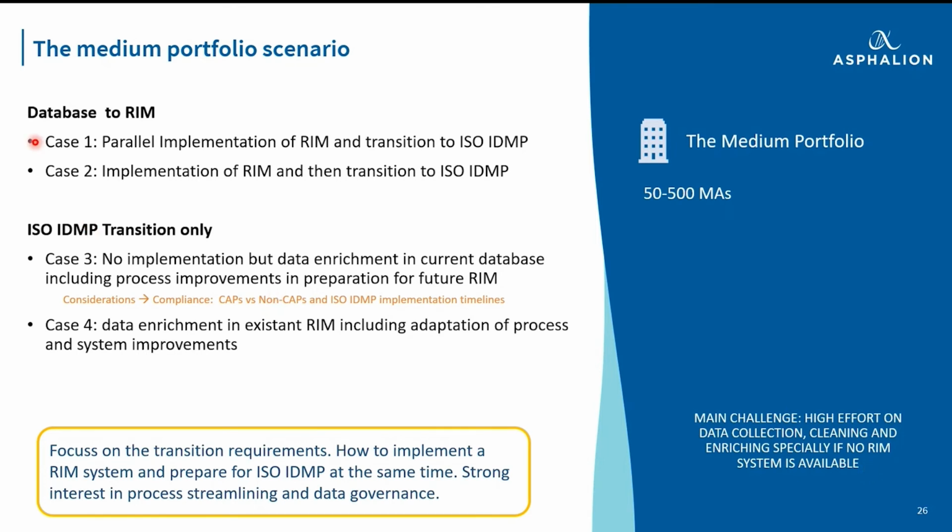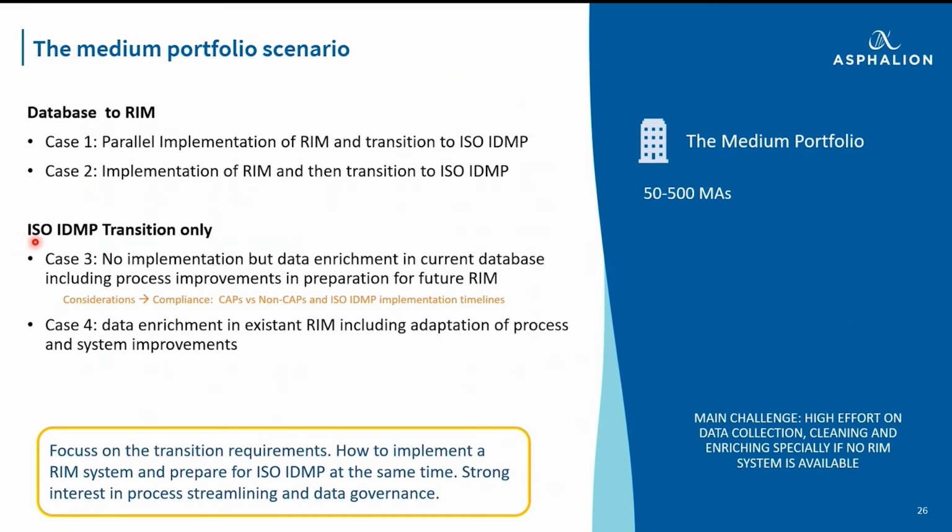So as well, you have here a few cases. Whether you have implementation from a database to a RIM, whether you have an ISO IDMP transition only. So for the database to RIM, you have the same two cases. You have a parallel implementation of the RIM system with the transition to ISO IDMP, or you have the implementation of the RIM and then the enrichment to be able to comply to ISO IDMP.